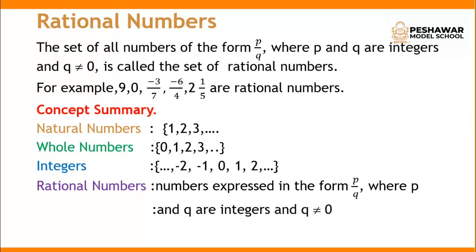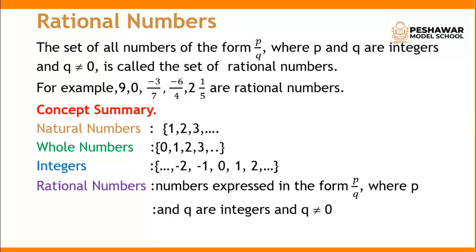For example, 9, 0, minus 3 by 7, minus 6 by 4, 2 whole 1 by 5 are rational numbers. So, my dear students, you know about rational numbers.